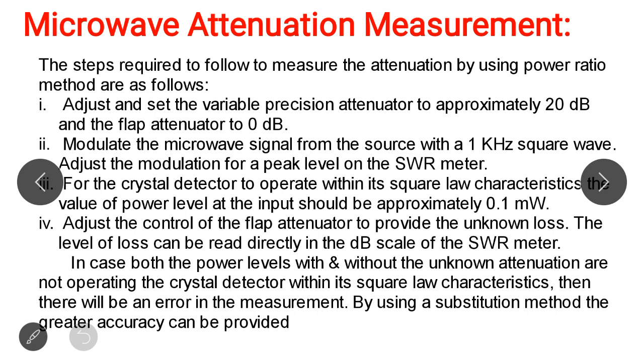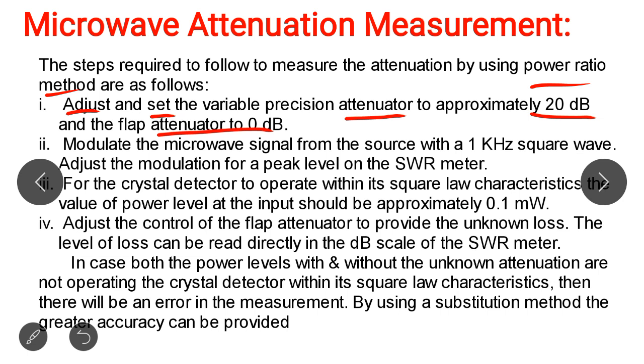Now the steps to be followed to measure the attenuation using the power ratio method are as follows. First, we have to adjust and set the variable attenuator to approximately 20 dB and the flap attenuator to 0 degree.